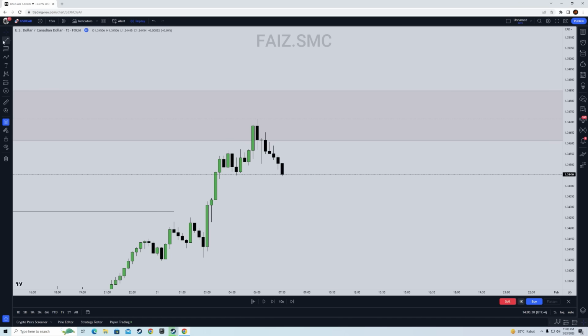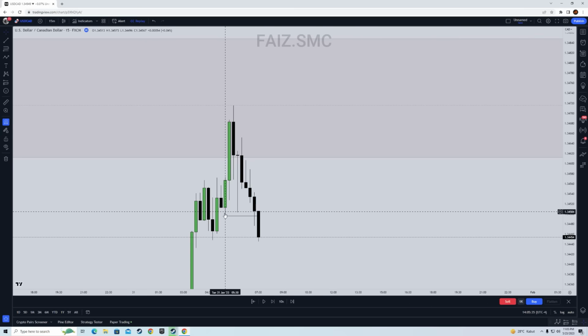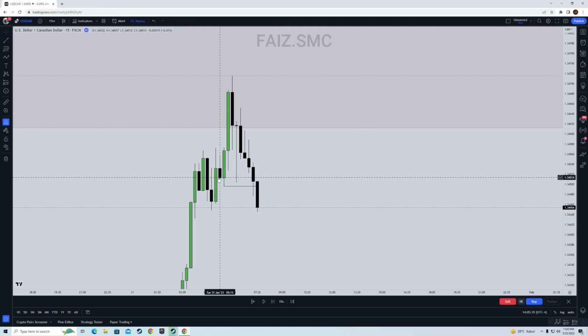And right here, as you can see, we have a market structure shift. This is a clear low right here. The low of this candle does not break the low here, and the low of this candle does not break the low here. So that is a market structure shift.